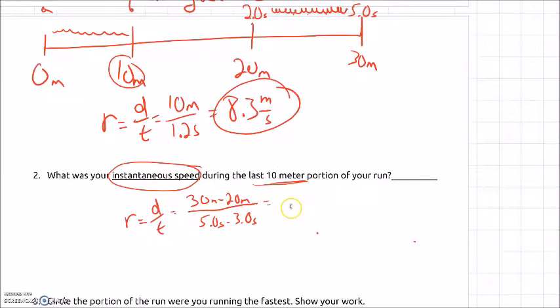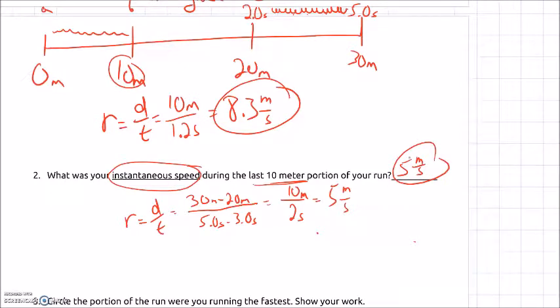So it took us 2 seconds to run that 10 meters. 10 divided by 2 is 5 meters per second. So our velocity, or our instantaneous speed, because we didn't put any direction, is 5 meters per second in that case.